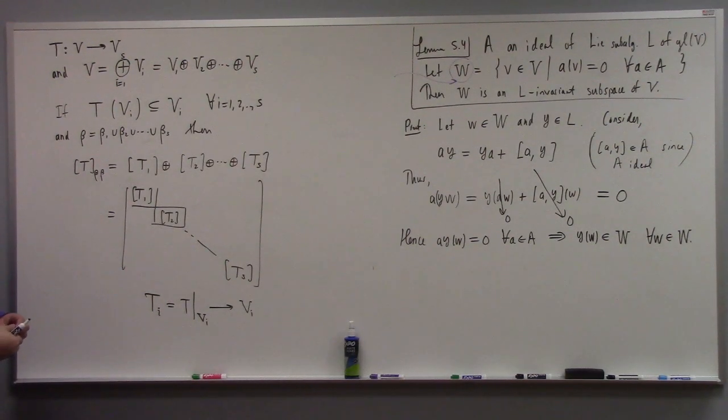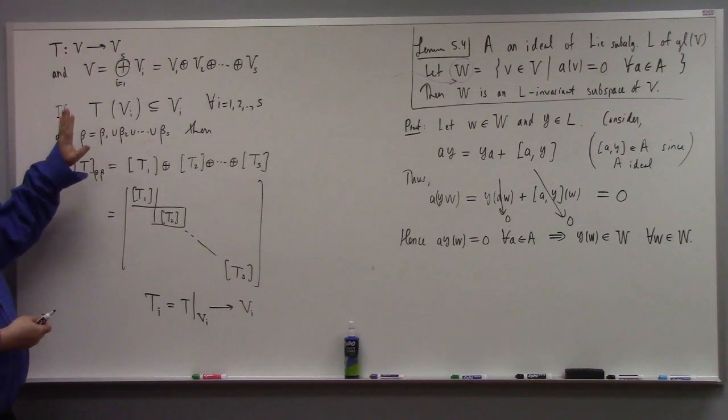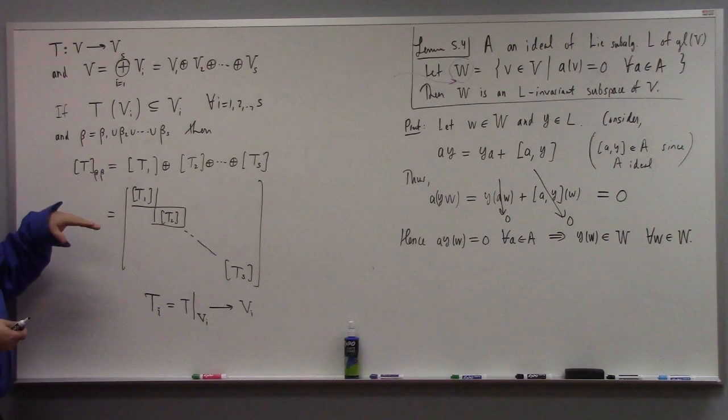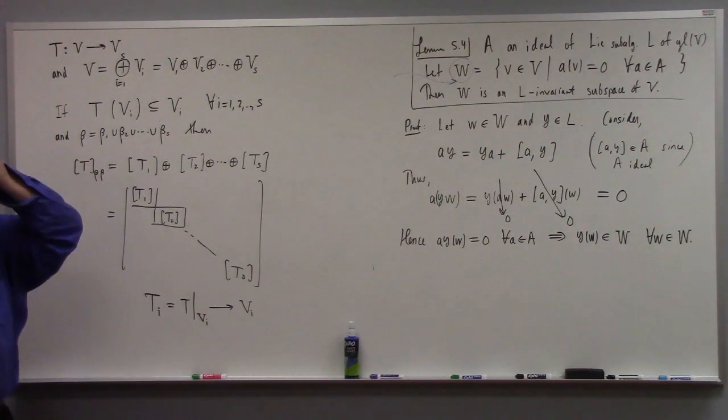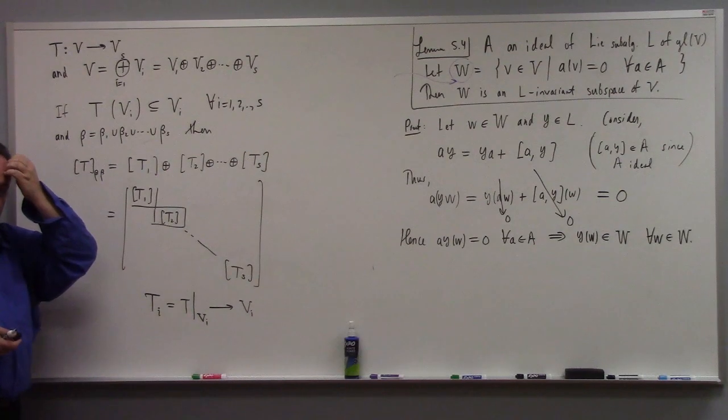The way this is often done is with Jordan. An example of this would be the Jordan form. So the spaces V1 through Vs would be the generalized eigenspaces, and those will be independent if you have distinct eigenvalues.